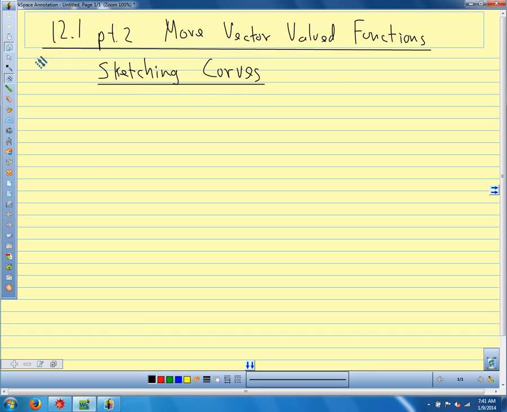So we have this vector value function. Let's say that we have r of t is 3 sine t i plus 4t j plus 5 cosine t k. And we want to sketch the curve.